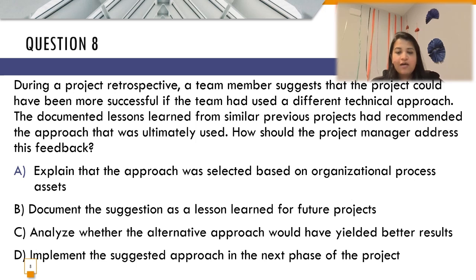Options are: A, explain that the approach was selected based on the organization's process assets. Option B, document the suggestion as a lesson learned for future projects. Option C, analyze whether the alternative approach would have yielded better results. Option D, implement the suggested approach in the next phase of the project.